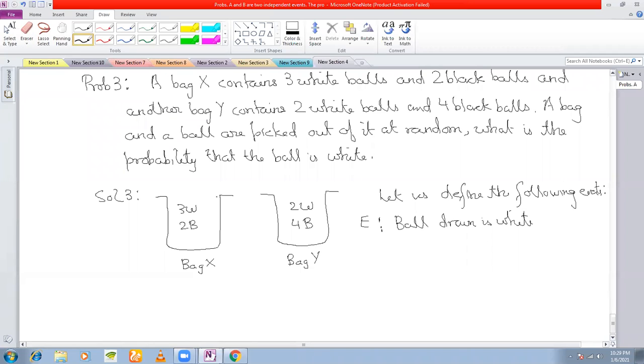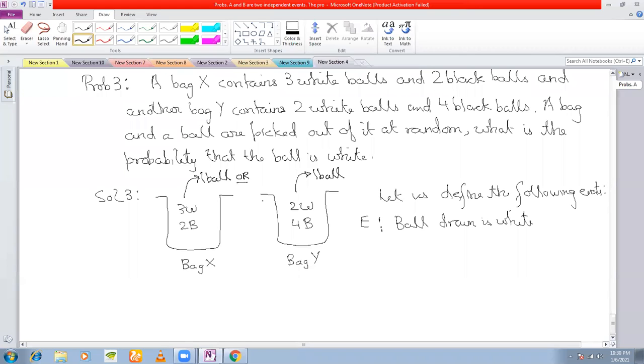Either I can draw from bag X or I can draw from bag Y. Either I can draw one ball from this bag or I can draw one ball from this bag.